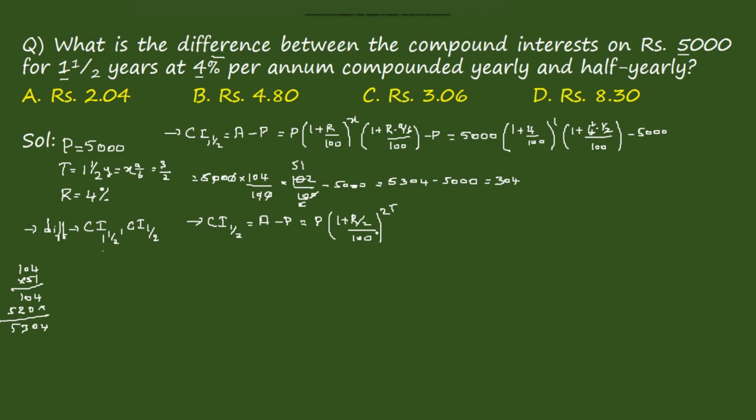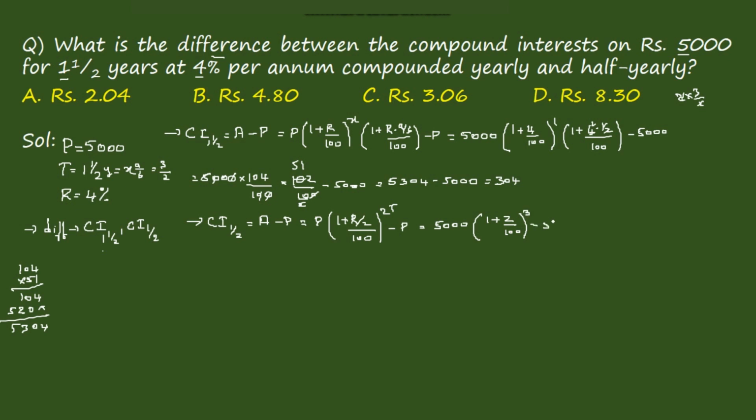So we substitute the values, minus P, which is equal to nothing but 5000 into (1 + 4/2 which becomes 2, 2/100) whole power 2 into 3/2. The 2s get cancelled, it becomes 3.